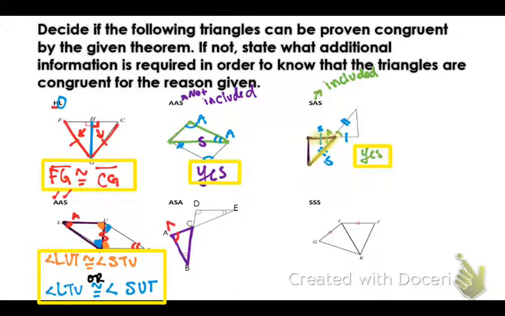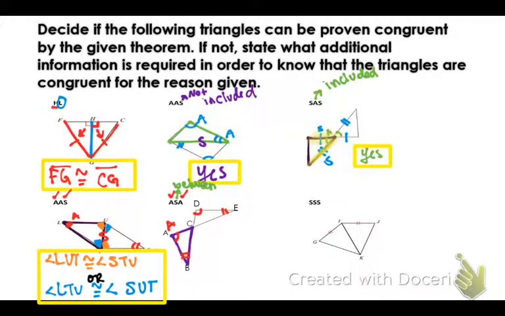But we have an angle, congruent to an angle, congruent to an angle. So of angle, side, angle, what are we missing? The side. And where does the side need to be in comparison to the angles? In the middle, so in between, or included.